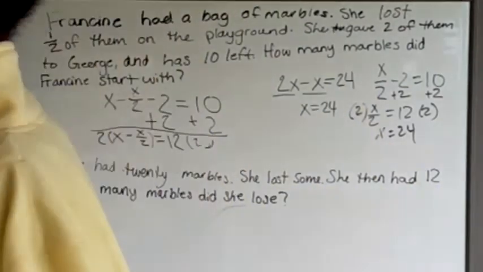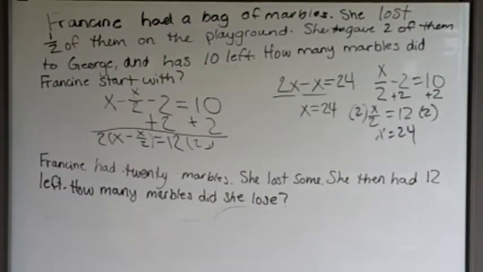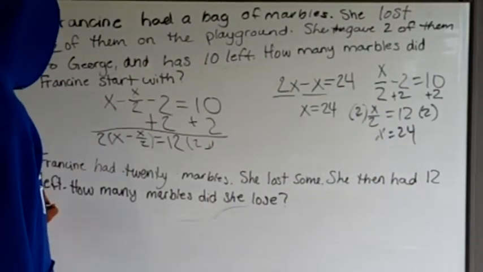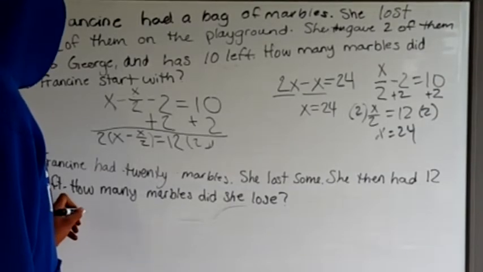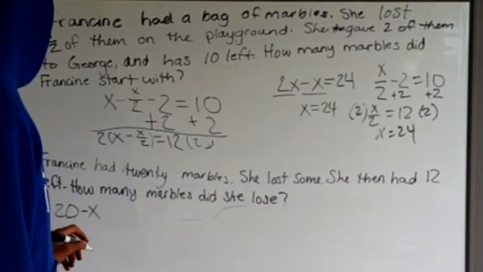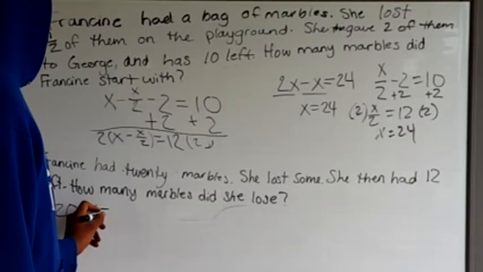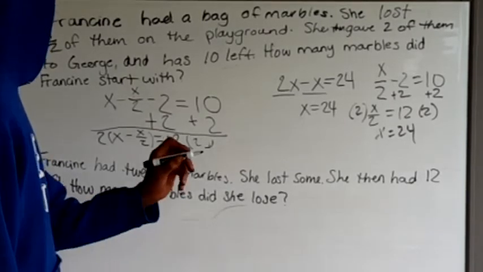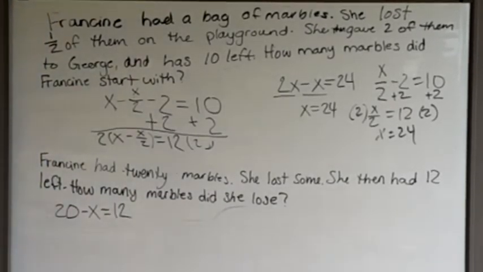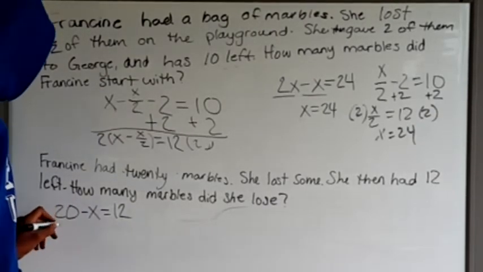Francine had 20 marbles. She lost some. Then she had 12 left. All right, so 20 represents the number of marbles she had. And we know she lost, so subtracting some, but we don't know how many, so that's X. And then equals 12 because that's how many she was left with.